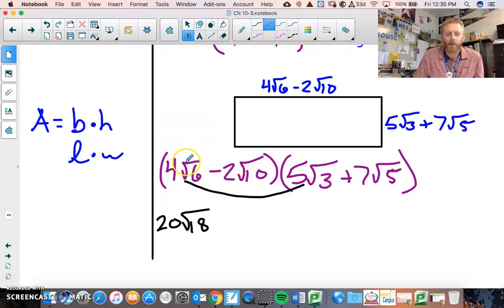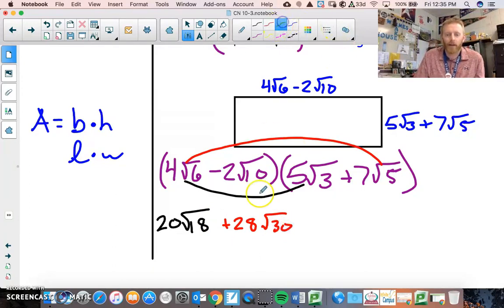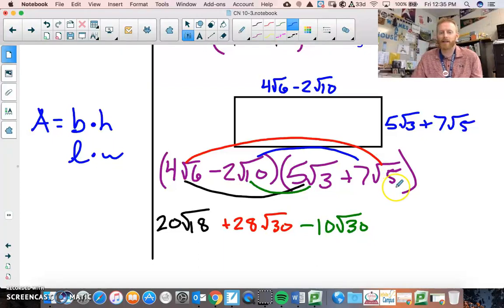My next one will be my outers: a 4 root 6 times a 7 root 5 makes a positive 28 root 30. And then I go to my inners: a negative 2 root 10 times a 5 root 3 makes a negative 10 root 30. And then my lasts: a negative 2 root 10 times a 7 root 5 makes a negative 14 root 50.